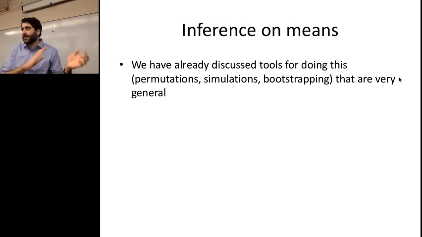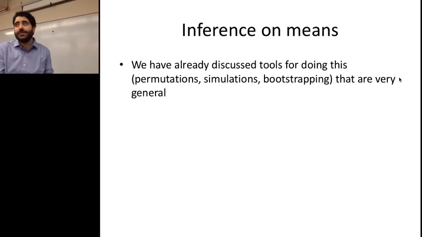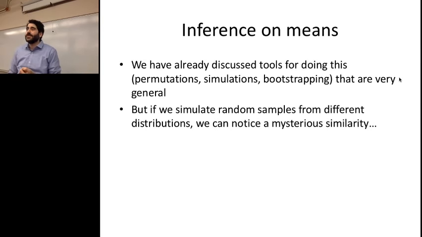And these tools we talked about so far are great, and they're very general, right? They make very few assumptions about the data, except that every data point is an independent, unbiased sample. But now that you've done this a bunch of times, you should have started to notice that the answers we get with these methods often look kind of similar.